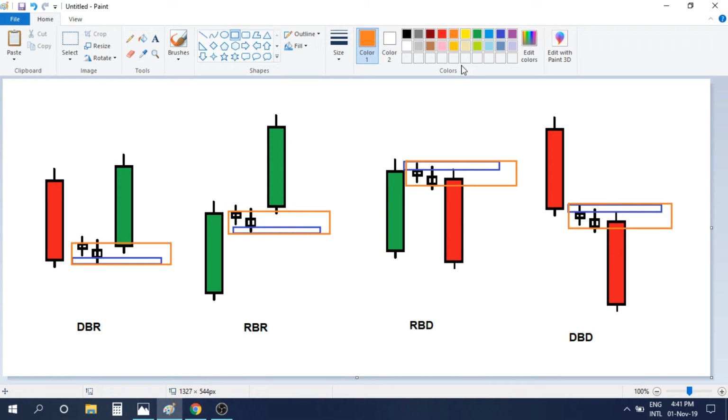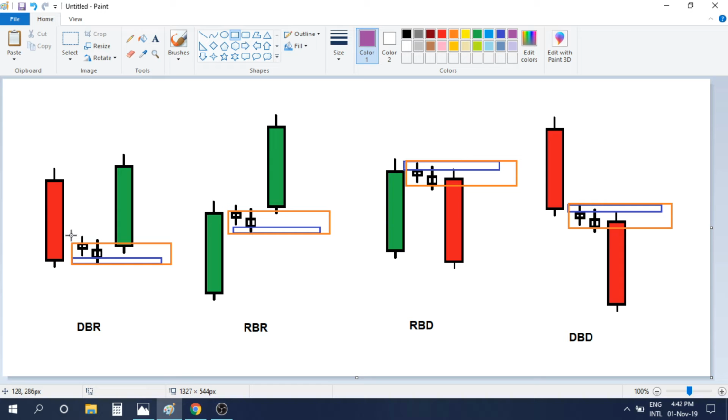And let me use black lines, not the black lines, it would mix up with the candle color. So let me use this purple line. Okay. So this is the first way.